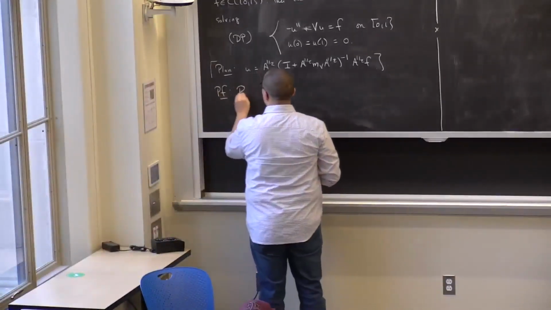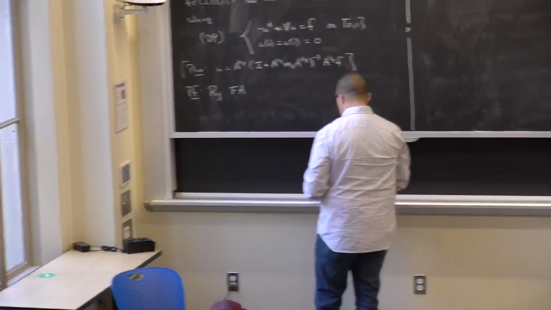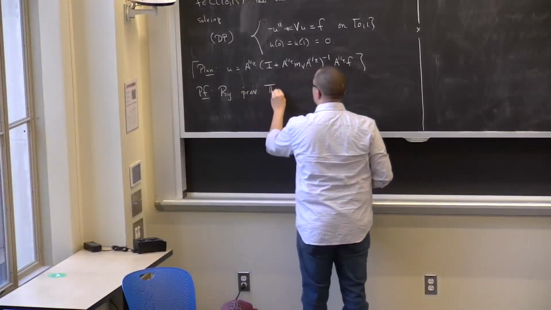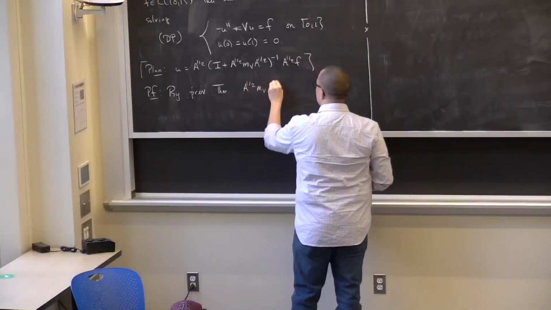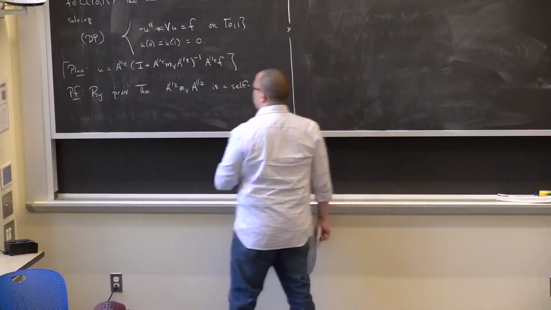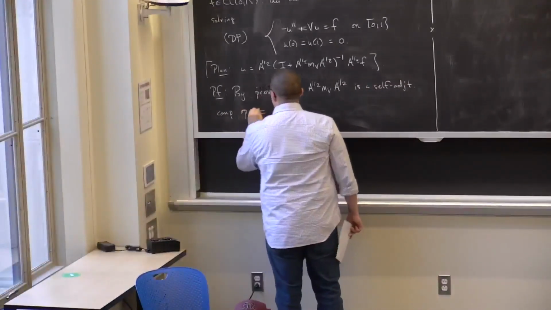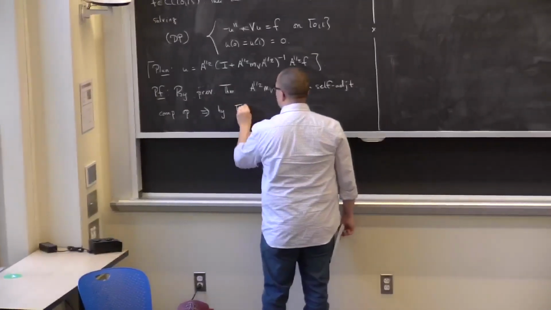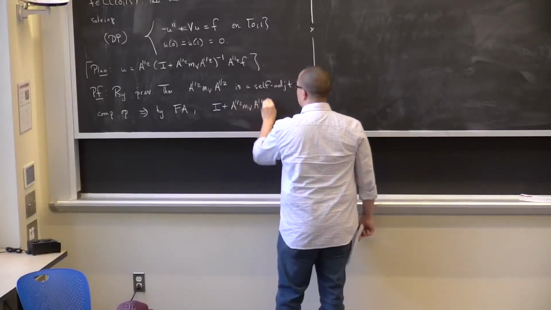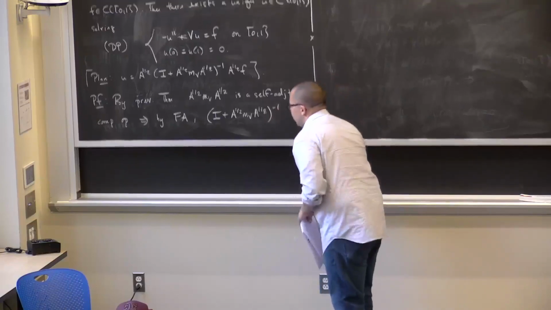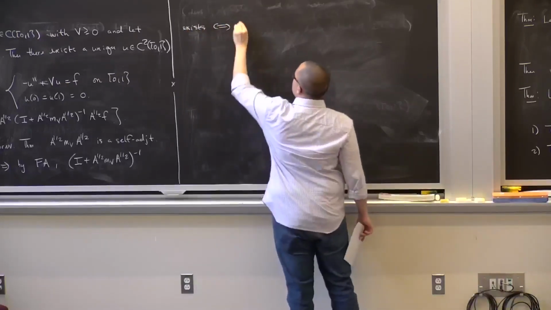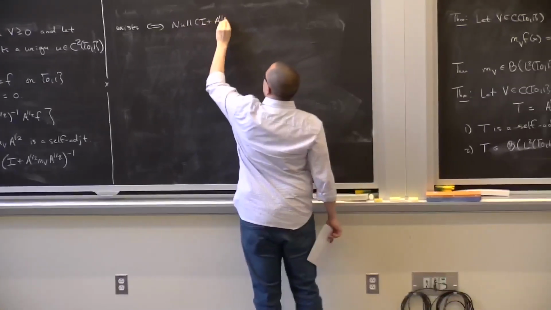So, proof, by the Fredholm alternative. By the previous theorem, this operator, multiplication by b sandwiched between a to the 1/2, is a self-adjoint compact operator, and therefore, by the Fredholm alternative, the inverse exists if and only if the null space of the operator is trivial.